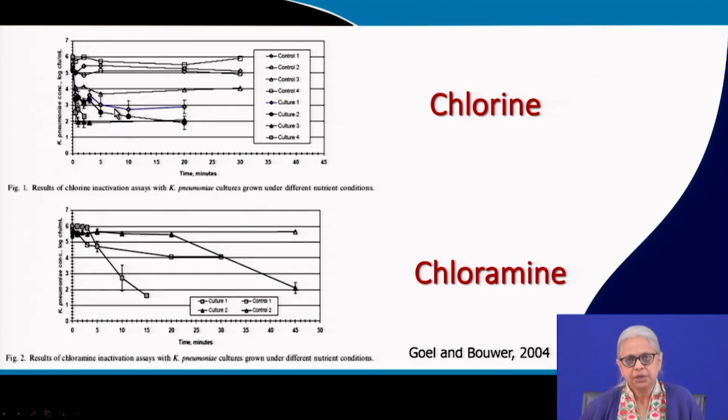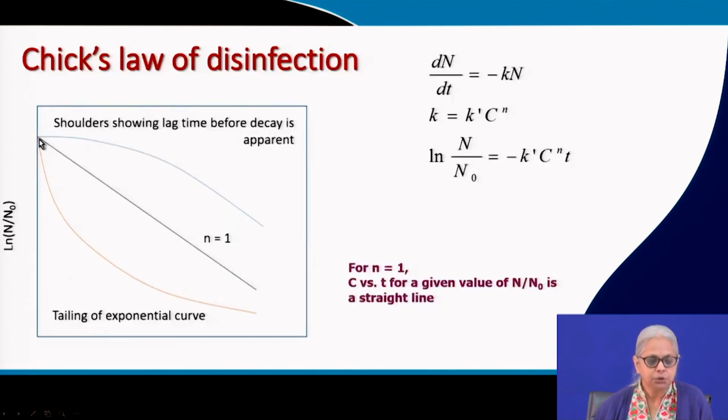That's the first part of the curve. There is an exponential drop in the cell population. But then what is interesting is that in 3 out of 4 cultures, you get these long tails, and these long tails are similar to what you see here.